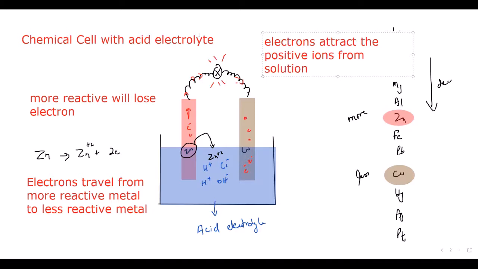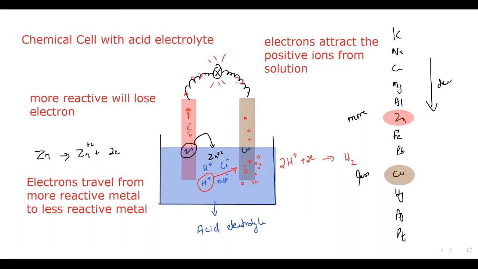We have zinc ions and hydrogen ions, but because hydrogen is less reactive, the hydrogen ions are able to move towards the electrons. These hydrogen ions will gain one electron and turn into hydrogen atoms. When two hydrogen ions are there, they gain two electrons and form a hydrogen molecule. When hydrogen gas is formed, we'll see bubbles.